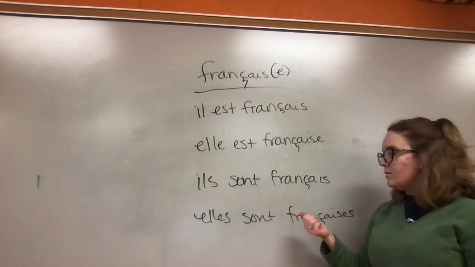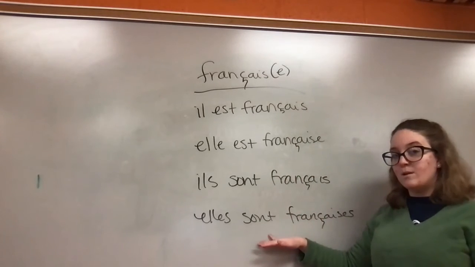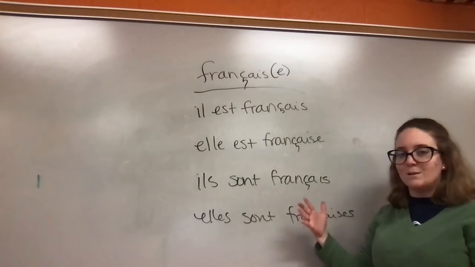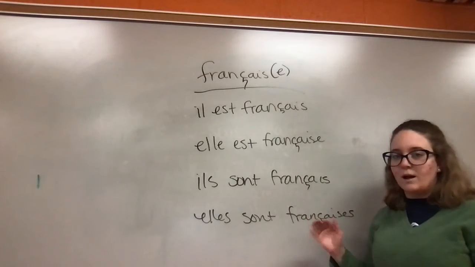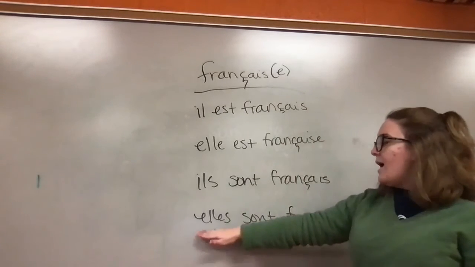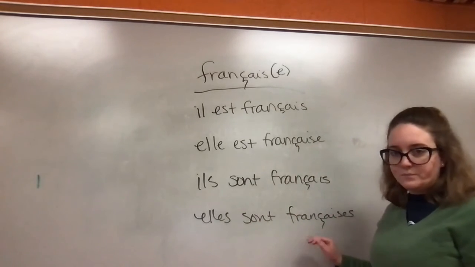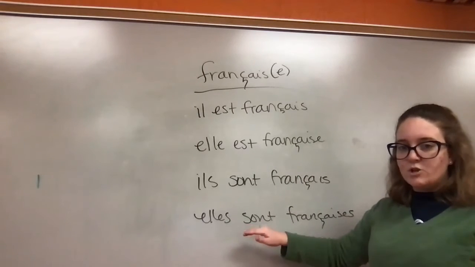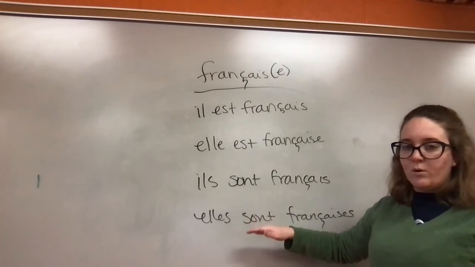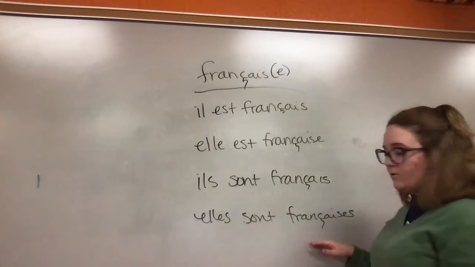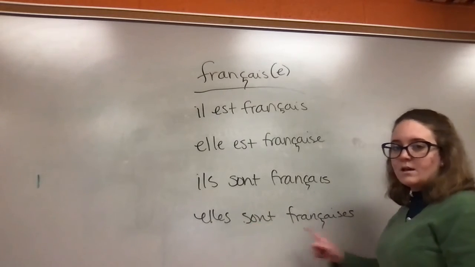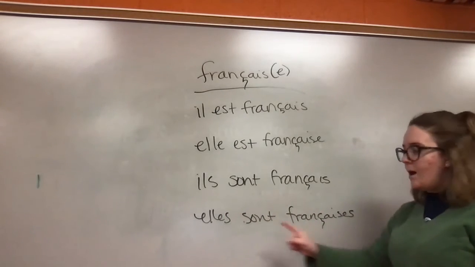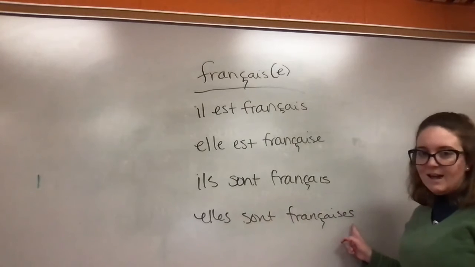Now, let's go ahead and skip down to the feminine plural form because this follows the basic pattern that we've been talking about this whole time, and there's no surprises here. Elles sont françaises. So now we know that we're talking about multiple people. We change our verb to the plural form, elles sont françaises, and because they're feminine, we add an E, and because it's plural, we have to add an S at the end.